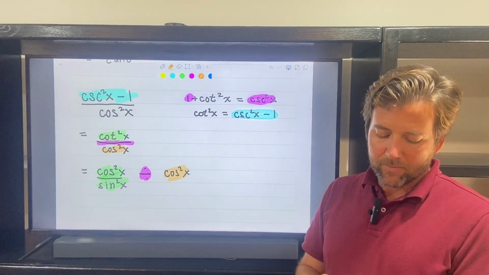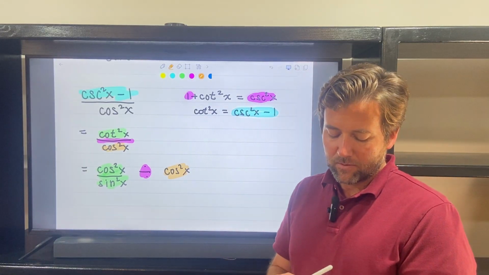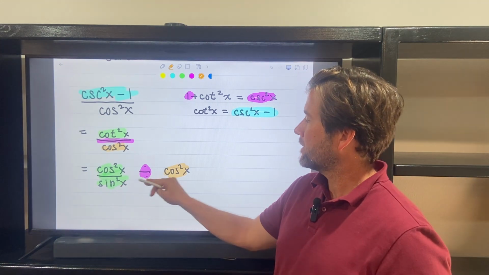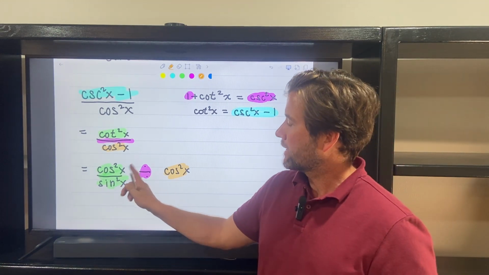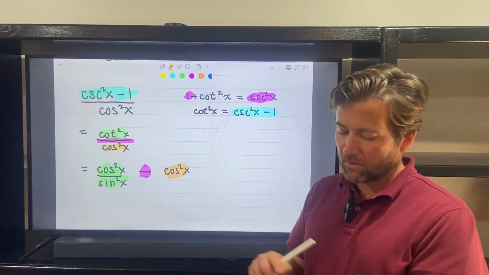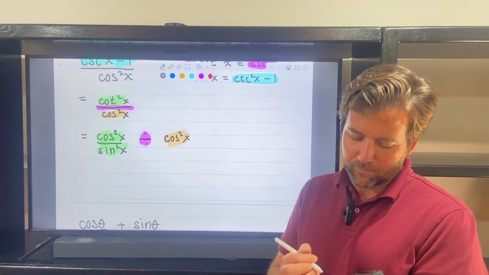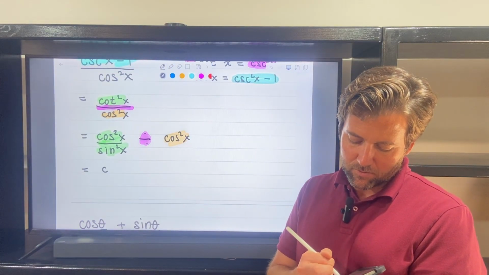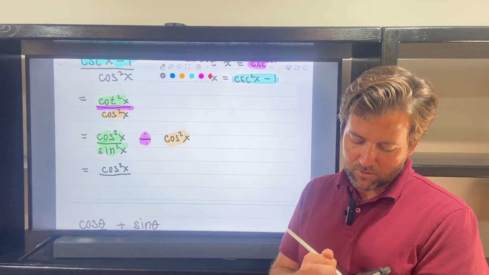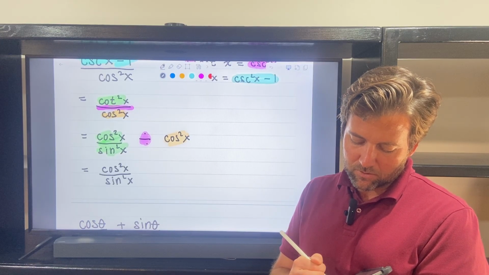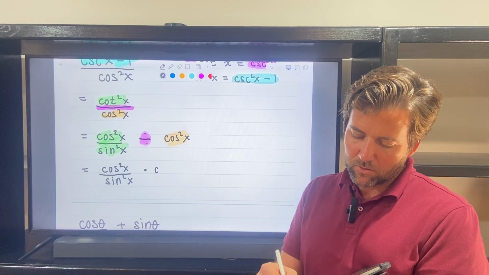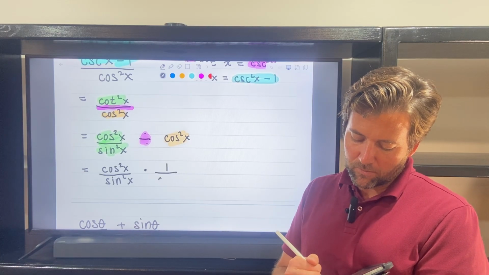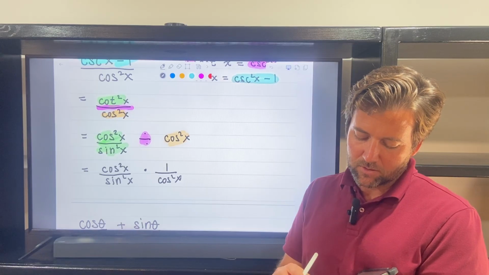And now, when you have a term divided by cosine squared x, I can multiply by the reciprocal. So this is cosine squared x over sine squared x times 1 over cosine squared x.